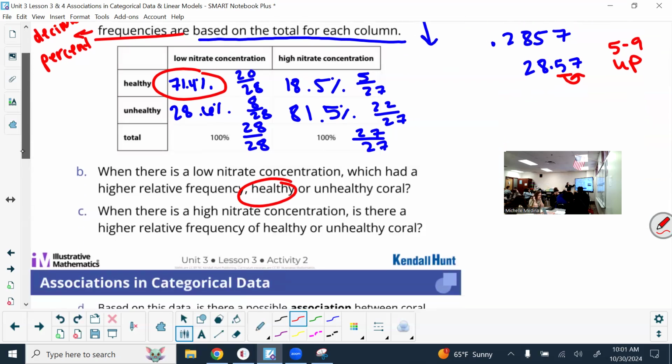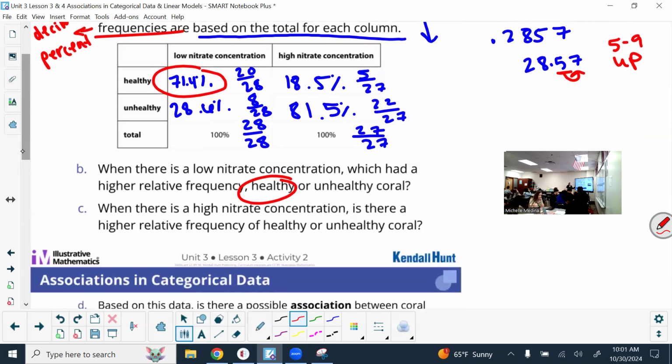Good. Table 3, you'll answer the next one. When there's a high nitrate concentration, is there a higher relative frequency of healthy or unhealthy? Unhealthy. Looking at the correct column, seeing that the unhealthy is higher. Because although you could probably tell me which is higher based on the first table they gave us, this gives us out of a whole.